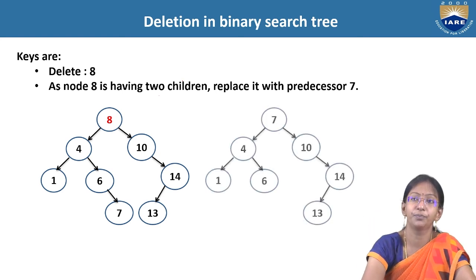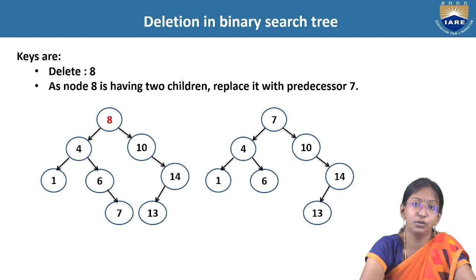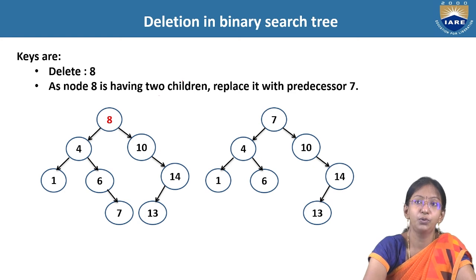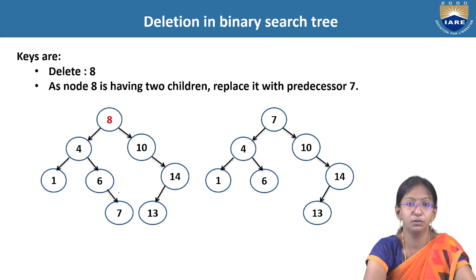So have a look. 7 reached the top, and it became the new root of the tree, and the node on the right side, which previously was the right child of 7, has been removed. Why?